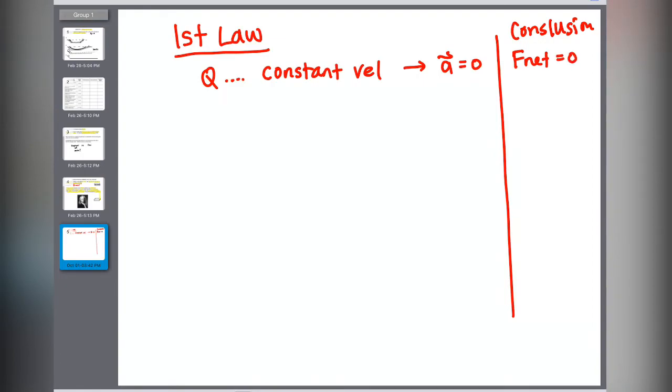That would go into questions like this. If I tell you a car is traveling at a constant velocity, this is something tricky. Even sometimes grade 12 university kids will get it wrong.